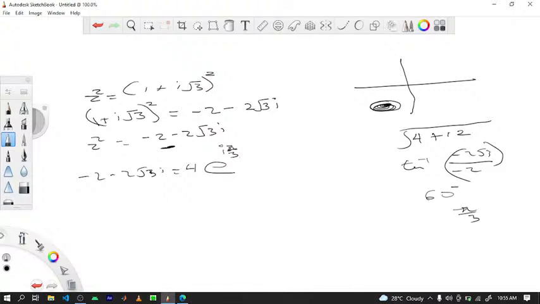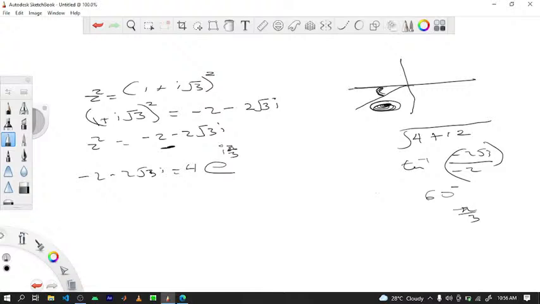I am using just this angle here. Okay, let me just touch on this briefly. When you are finding the argument, the argument is the angle that the complex number makes with the positive x-axis.